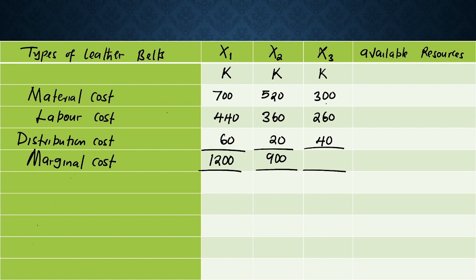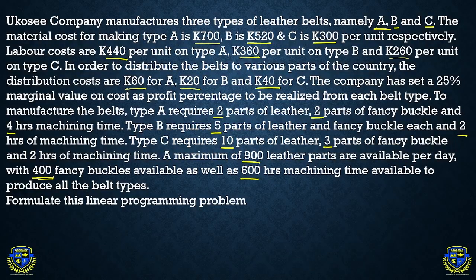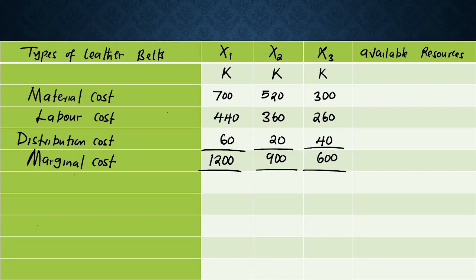Then we go to x sub 3, where we have material cost as 300, labor cost as 260, and distribution cost as 40. That's going to give us 600. Okay. Now we are told that the profit there is supposed to be 25% of the cost. So we're going to say profit percentage.